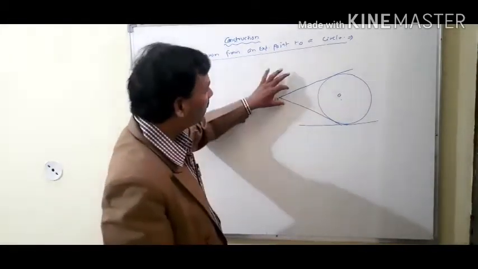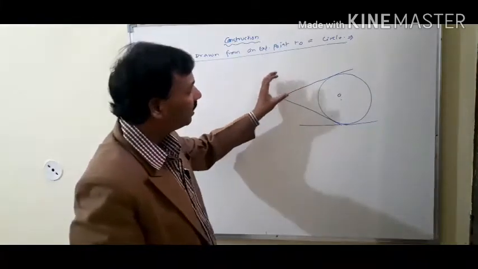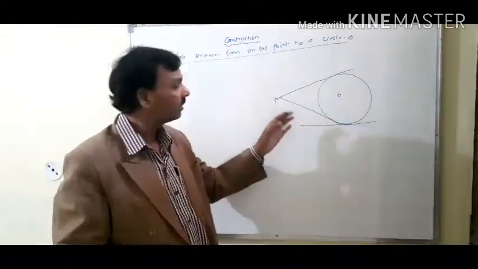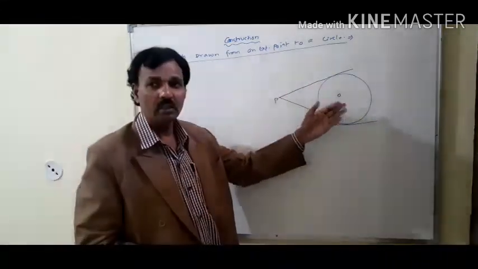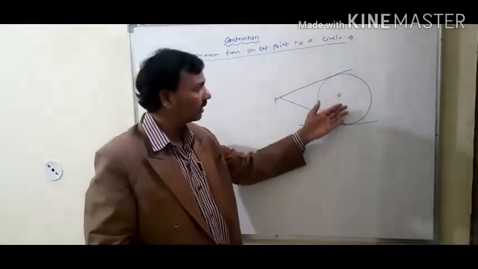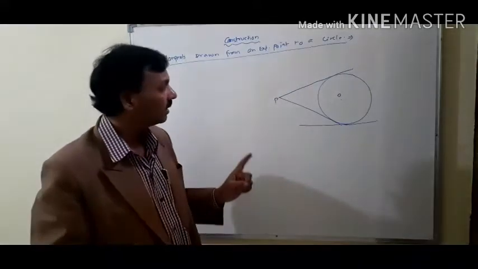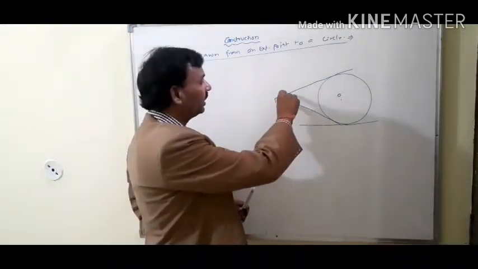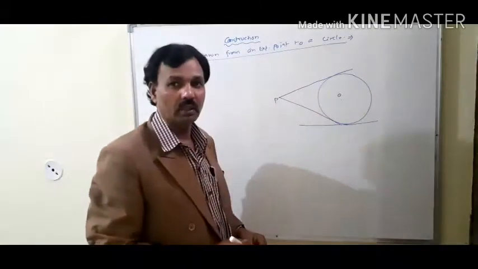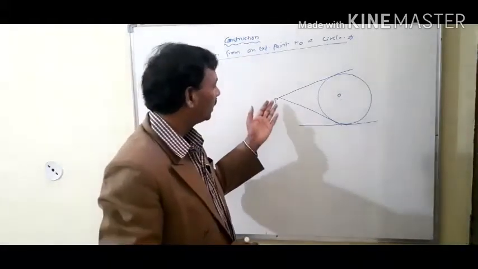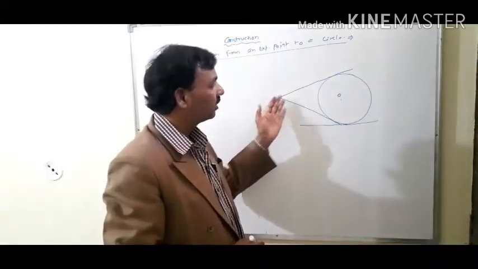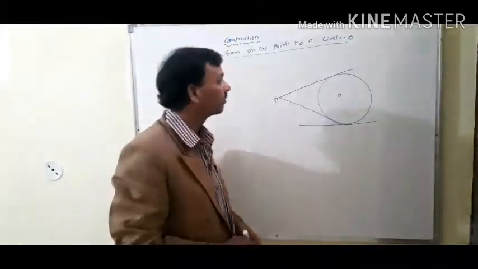But out of these two lines, no other line can be drawn from this point which touches the circle at one and only one point. That means this is proof that only a maximum of two tangents can be drawn from any external point to a circle.